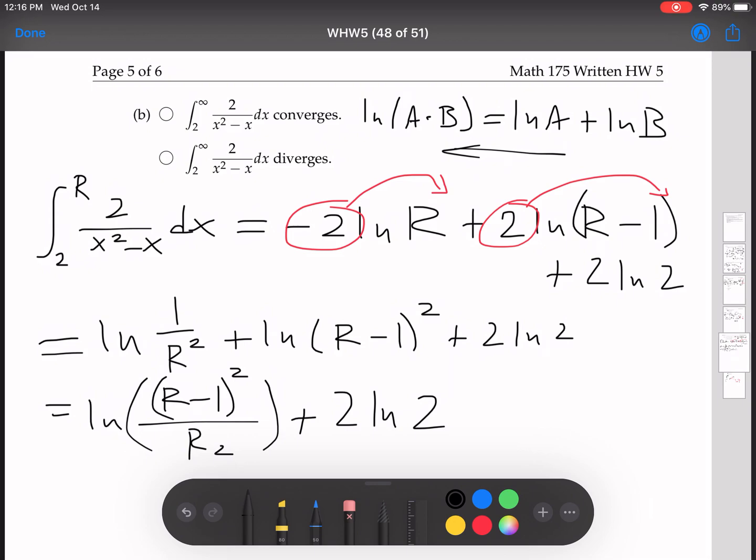Oops, this square should be up there like that. Now, you could use L'Hopital's rule and a trick where, because the natural log is continuous, you can pop the limit inside, or you could do more algebra. I think that's the way to go about it.